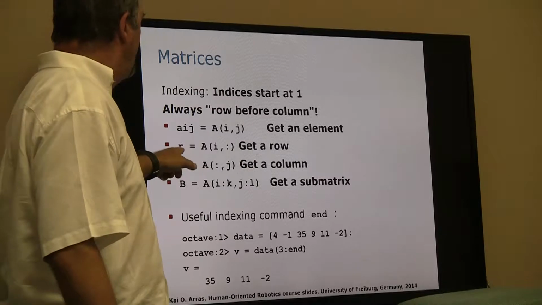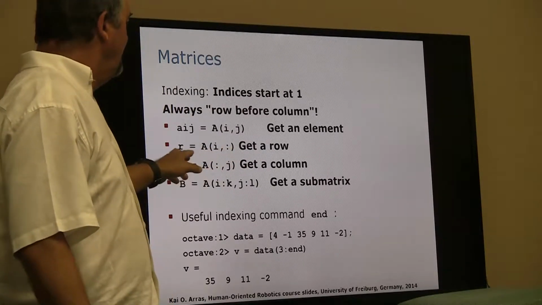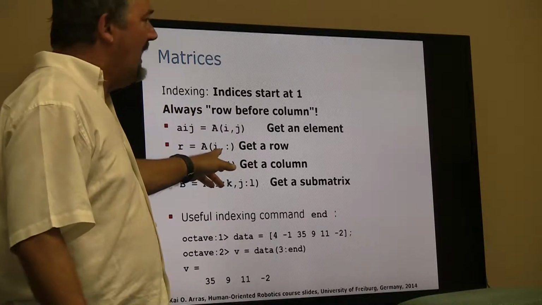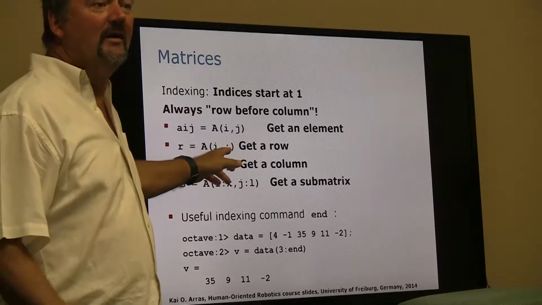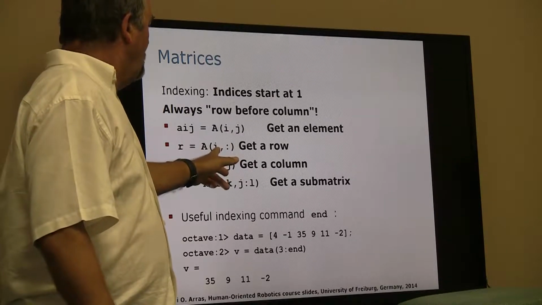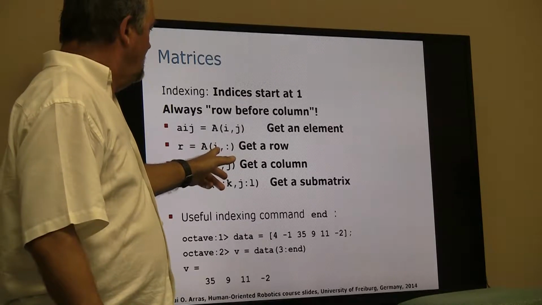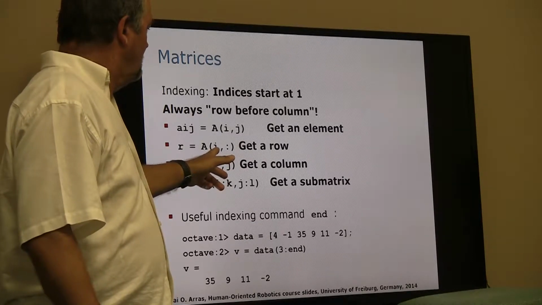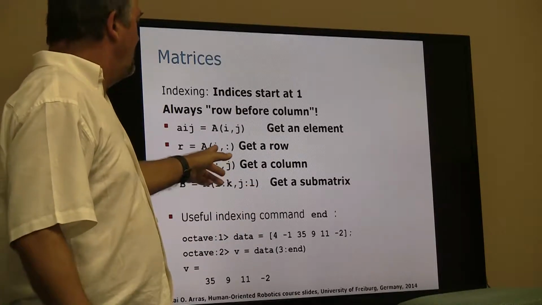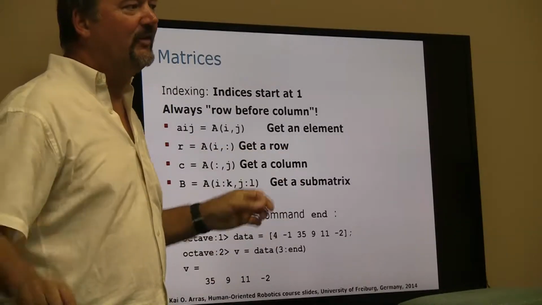So this statement here, R equals A of I comma colon, means make R a 1 by n matrix containing all the values of A at row I, across all of the columns.